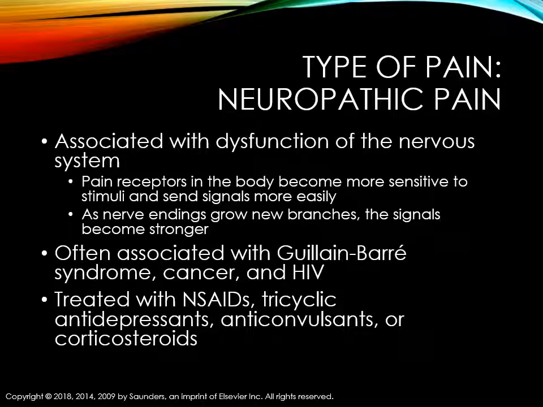The changes in the nervous system are often associated with medical conditions rather than tissue damage. Medical conditions include diabetes, Guillain-Barré syndrome, multiple sclerosis, cancer, HIV, and nutritional deficiencies. These are examples of medical conditions associated with neuropathic pain.